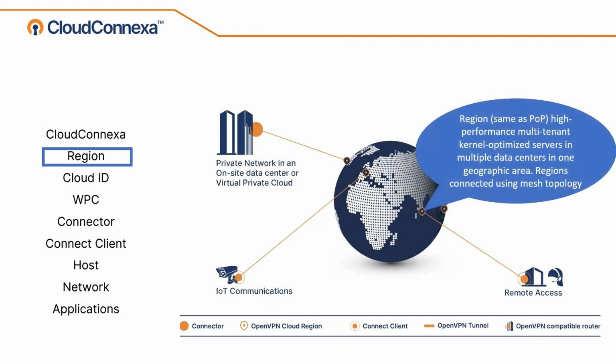As I mentioned, these points of presence are called regions in the administration portal. They are basically our data centers where we host our kernel optimized high performance servers. And these regions each connect to one another using a full mesh topology. So what that means is that there is always a direct connection between our regions.